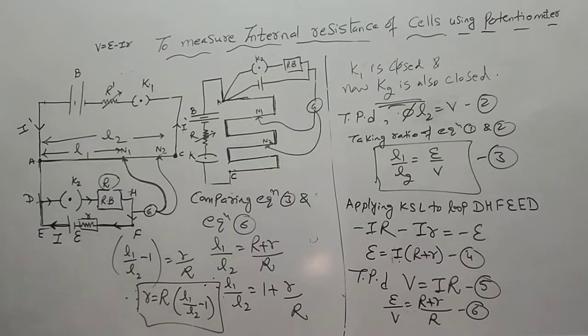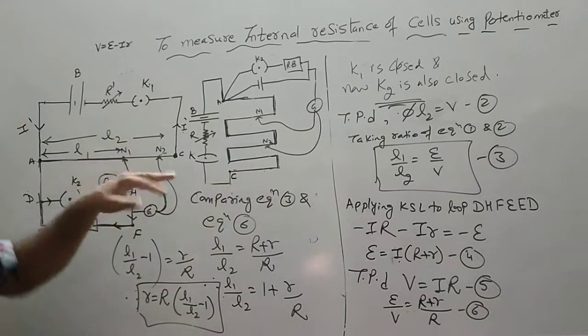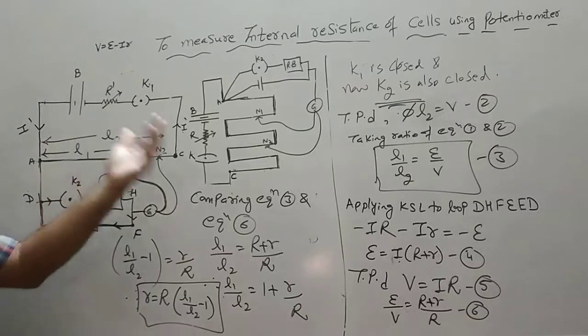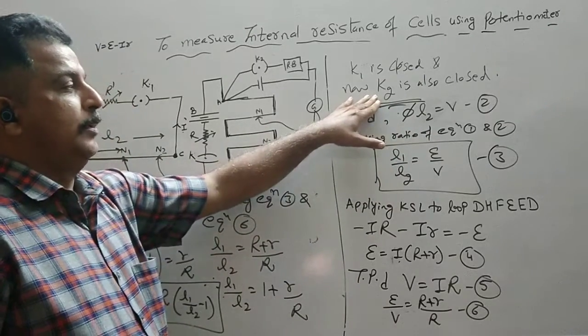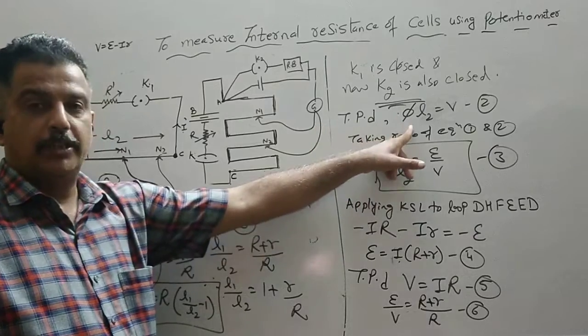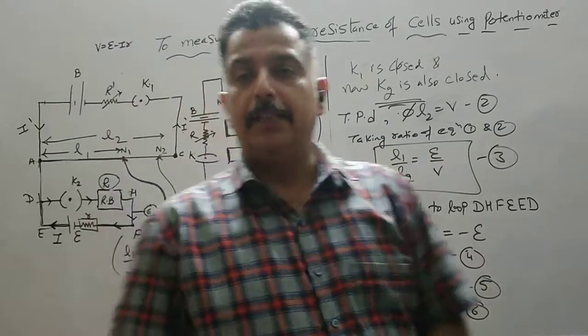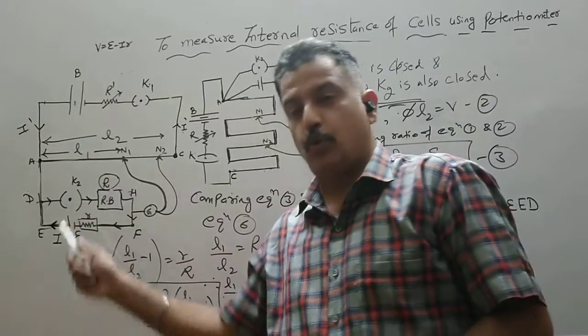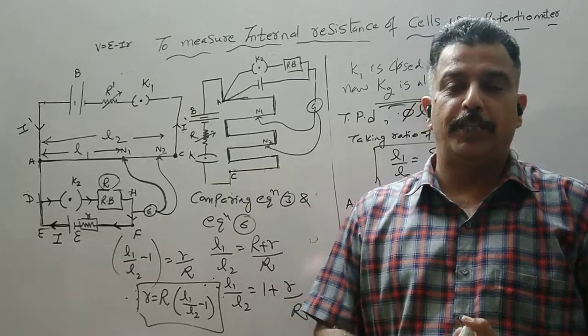So this is how we do the two sets in this experiment. First, K2 is open, and in the second part, K2 is closed. When K2 is open, you get the EMF, and when K2 is closed, we get the terminal potential difference. Then we concentrate only on this loop and find again E and V, and we compare these two equations.